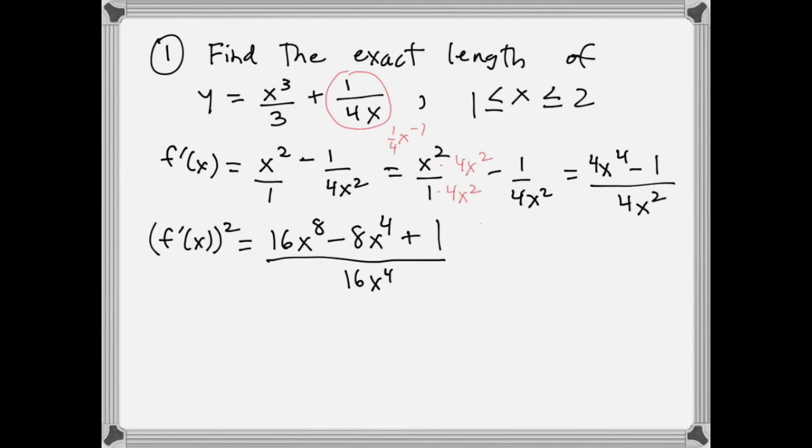Now, I need to add 1 to the derivative. Seems silly that I'm going to add 1 in another step, but the reason is because I'm actually adding 2 fractions together here. So what is 1? 1 is actually 16x to the 4th over 16x to the 4th. I got a common denominator again, and I'm adding this fraction to it.